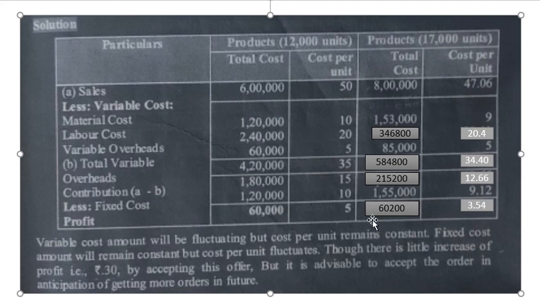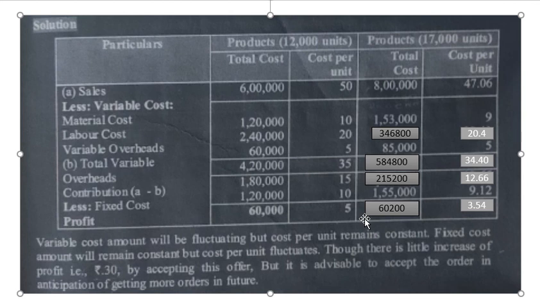So for 12,000 units you're getting a profit of 60,000 with the cost per unit as rupees 5. When 17,000 is produced, the profit is 60,200 and the cost per unit is 3.54. So the profit when producing 17,000 units is more by rupees 200.